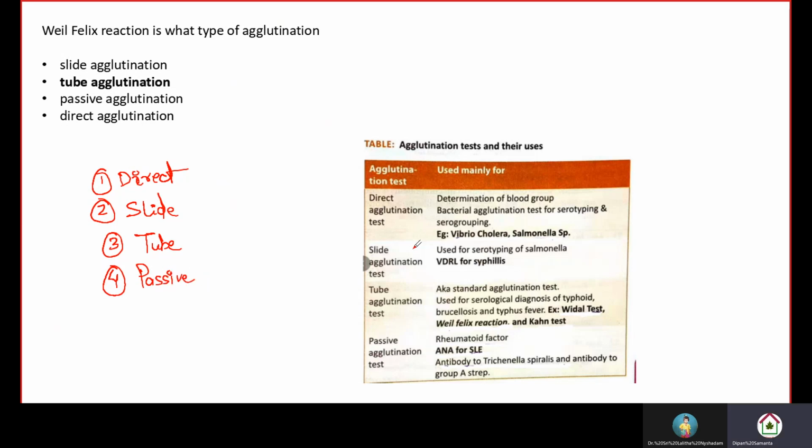So direct agglutination test is used for determination of blood group, and bacterial agglutination test for serotyping and serogrouping.